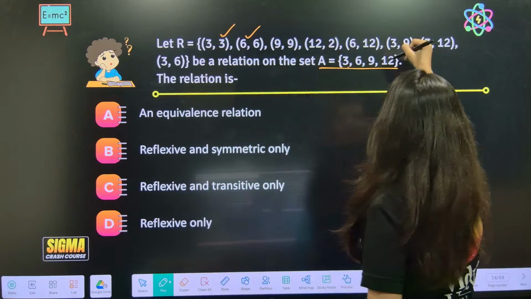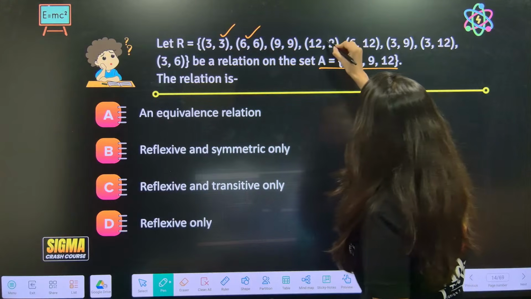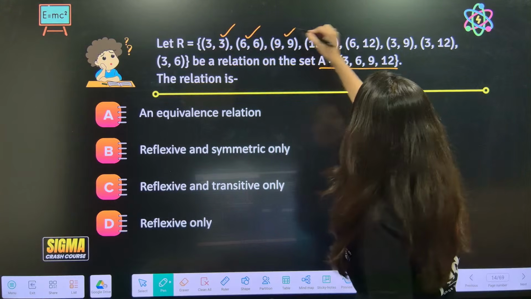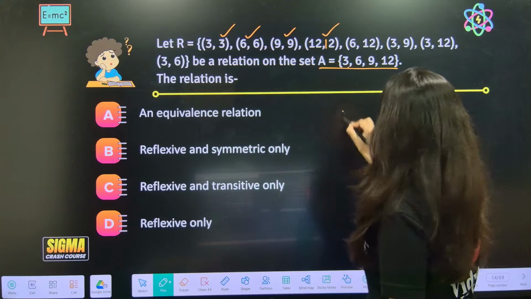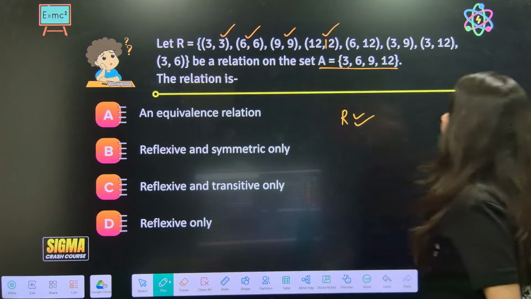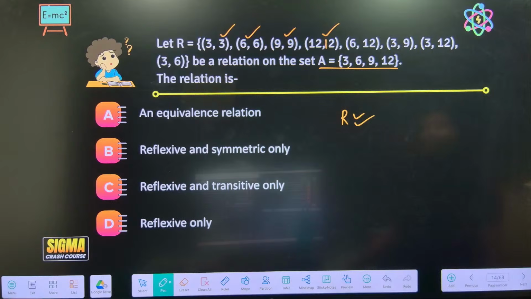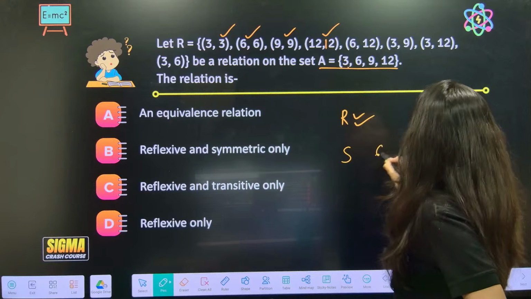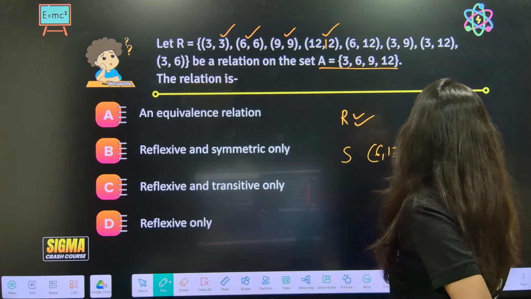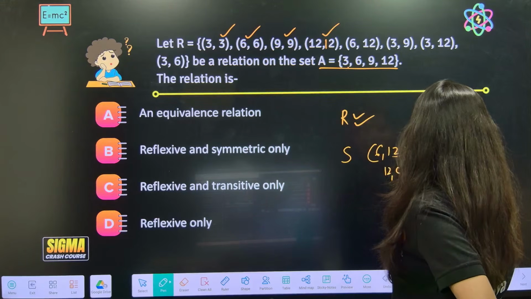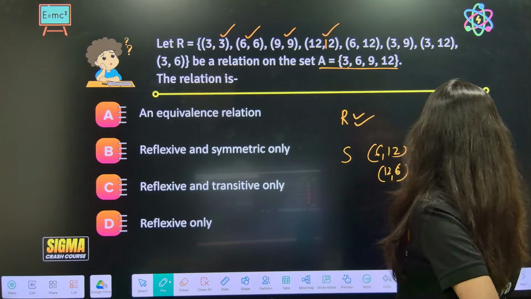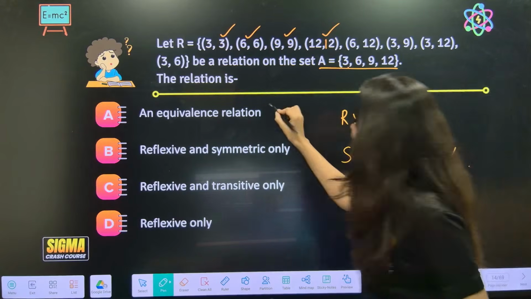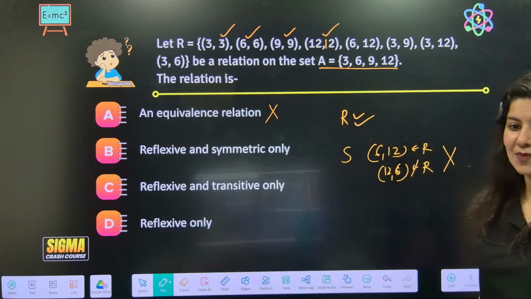Yes, it should have 9, 9, 12, 12. So I think reflexive is there. Now symmetry. 6, 12 is there, but where is 12, 6? 12, 6 is not there. So not symmetric. That means option A is wrong because symmetricity is missing.